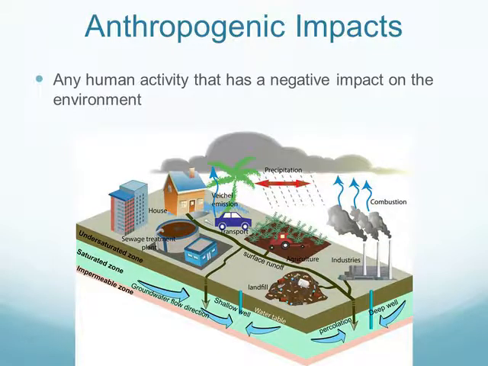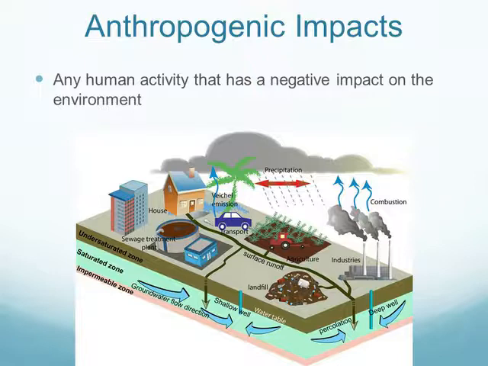Okay, so what are human impacts? Scientists have termed human impacts as anthropogenic impacts, right? And anthropogenic effects. So any human activity that has a negative impact on the environment is known as an anthropogenic effect.